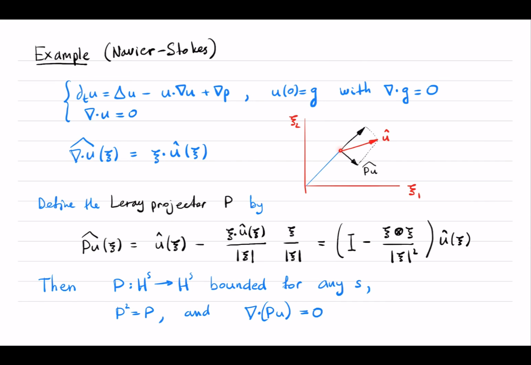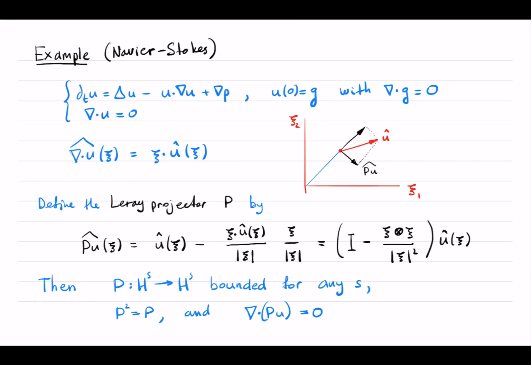Then first you project onto the radial direction and measure the length of the projection, and that length is multiplied by the length of psi. So that would be divergence. And from this we can see that divergence free means simply orthogonal to the radial variable psi.